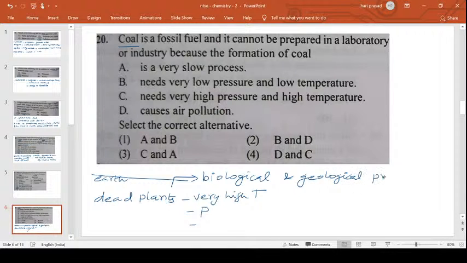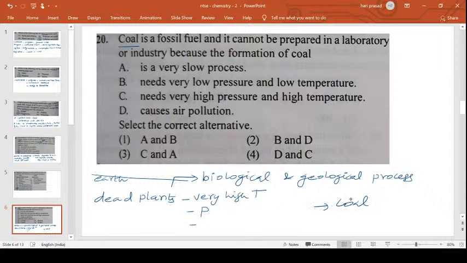Due to these various processes, these living things after death, these buried things, are converted into coal.